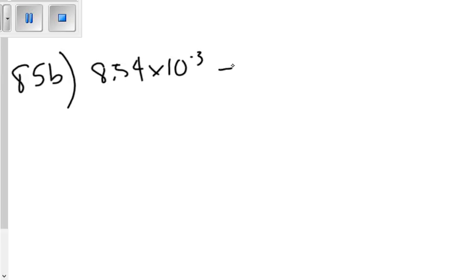85B, and we've got 8.54 times 10 to the negative 3 minus 3.41 times 10 to the negative 4. Okay, so again, the exponents are not the same.